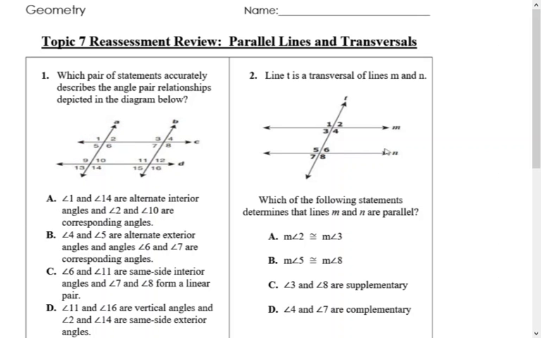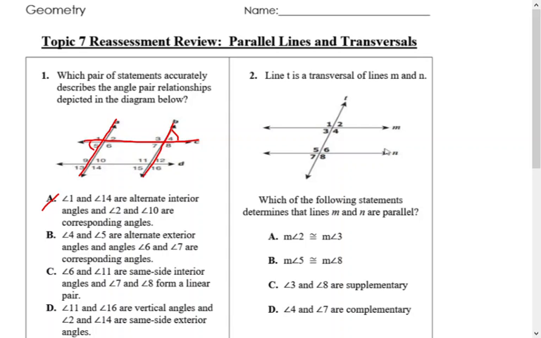So B says angle 4 and 5 are alternate exterior angles. So let's look at 4 and 5. They would be alternate exteriors if we're looking at these being our parallel lines and that being our transversal. They are alternate exterior.